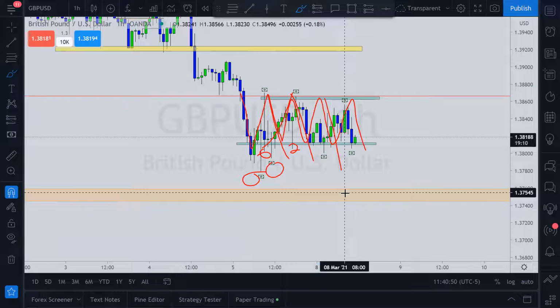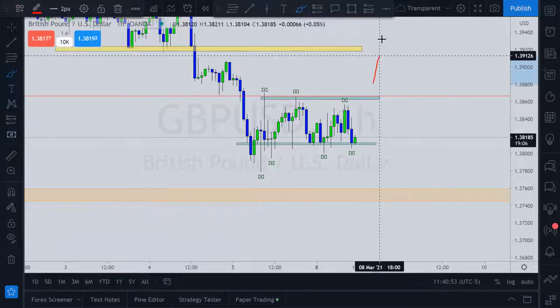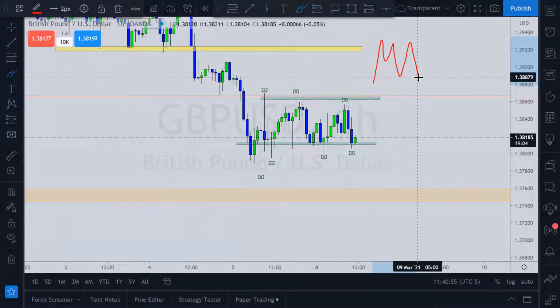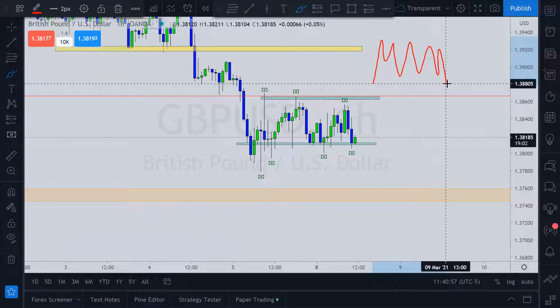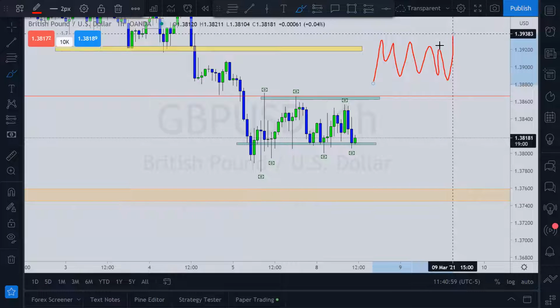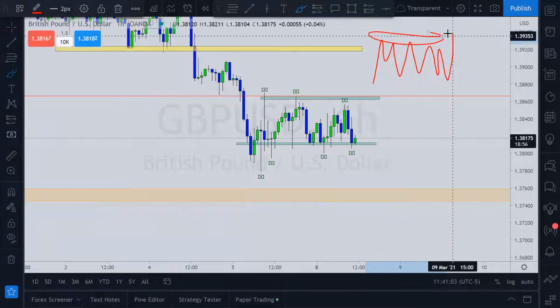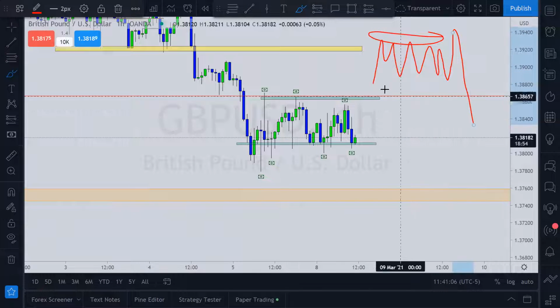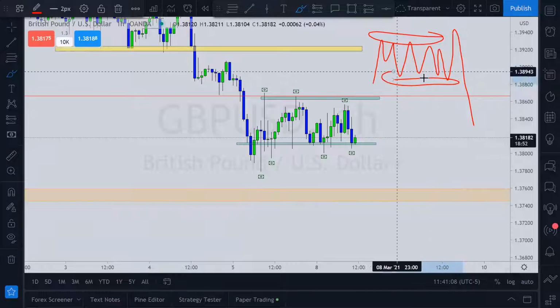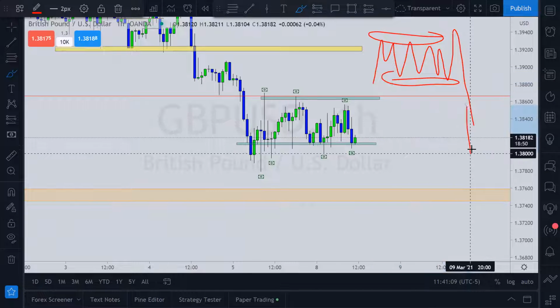All of that is fine and dandy because that's according to market makers' plans. They get people going high, low, high, low. And then they make the final move up here, taking out all these stop losses. And then down here, to get all these stop losses to make the big move.